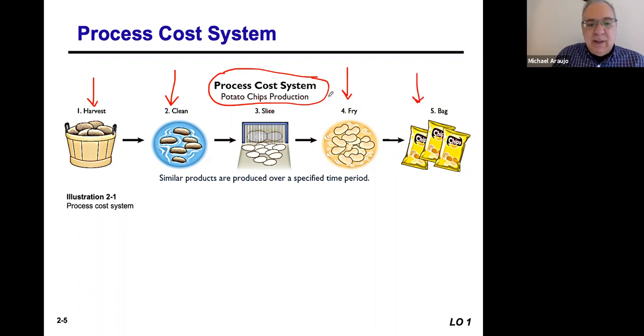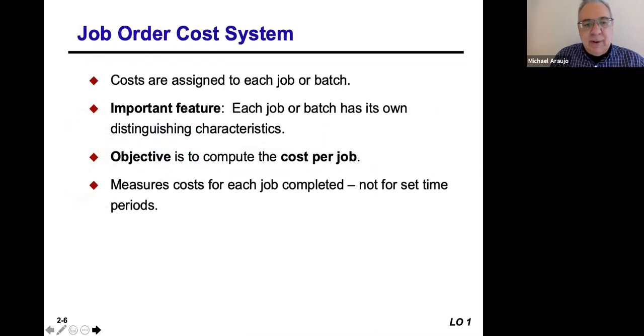And this particular system works regardless whether even at this point or at this point they might be adding flavors to the chips or not. It's simply the same process over and over again. So this is where a process cost system would be most utilized because it's relatively easy to see that this is a simple process. Same would be true with like ice cream or cereal.